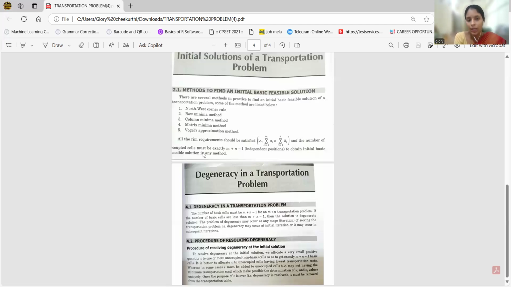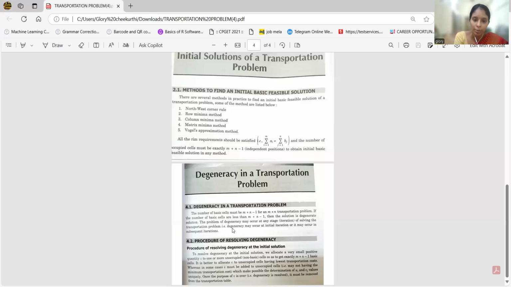To find the optimum basic feasible solution, a method called the modified distribution method, also known as the UV method, is introduced. Briefly, we call the modified distribution method the MODI method. In the MODI method, we find Ui and Vj values, so it is also named the UV method.